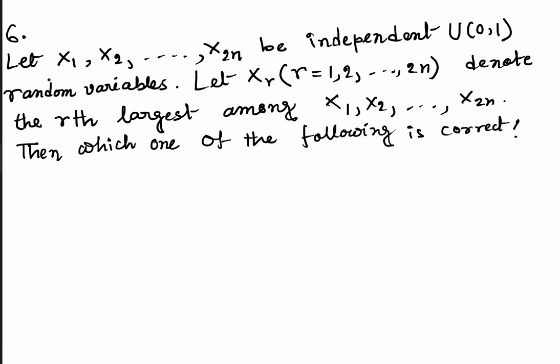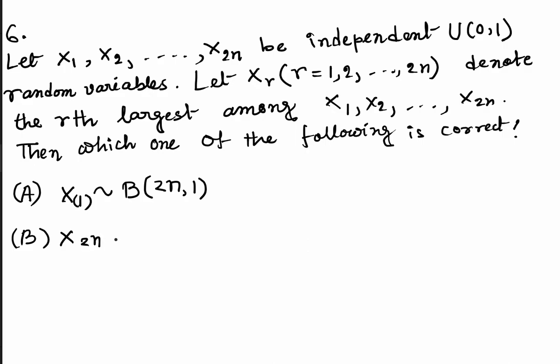Two options are these: A, x1 is beta 2n, 1. B, x2n is beta 1 comma 2n.